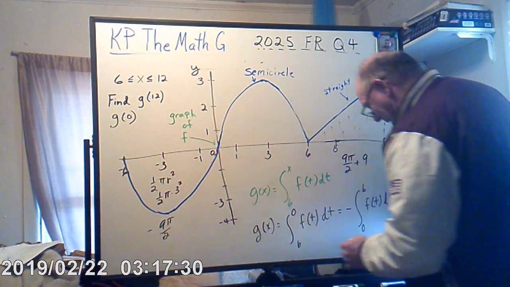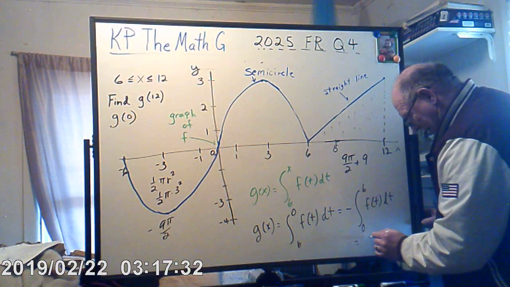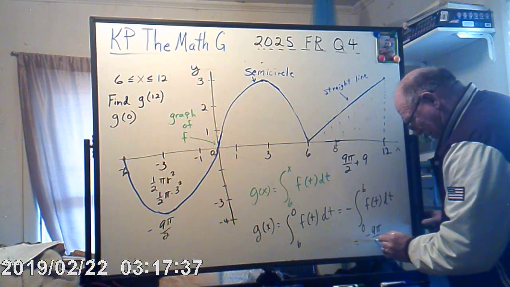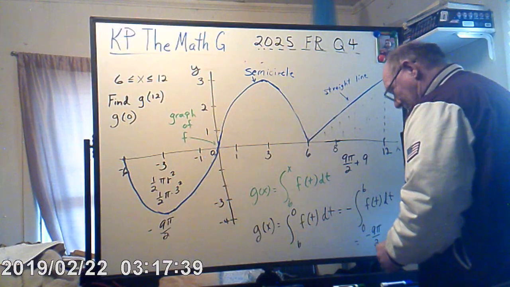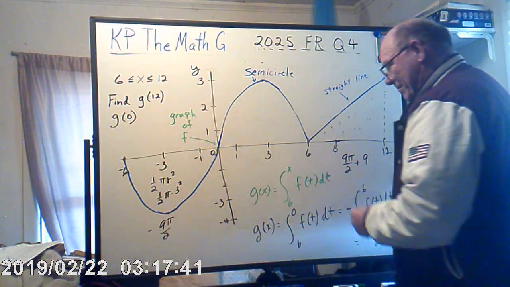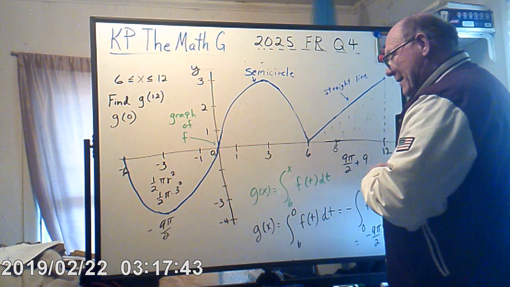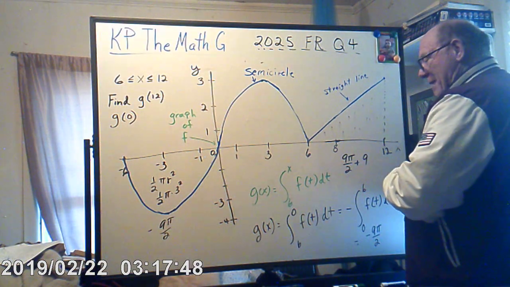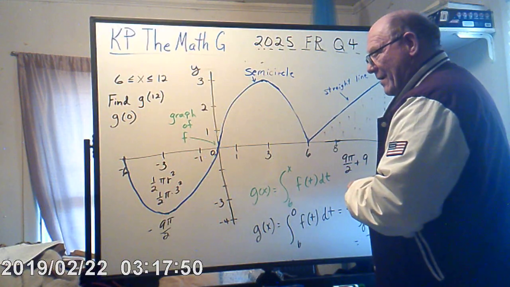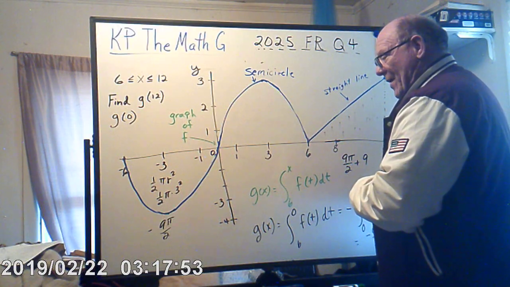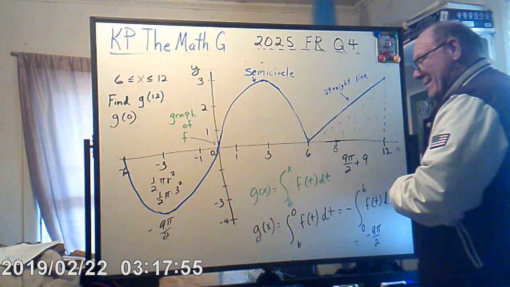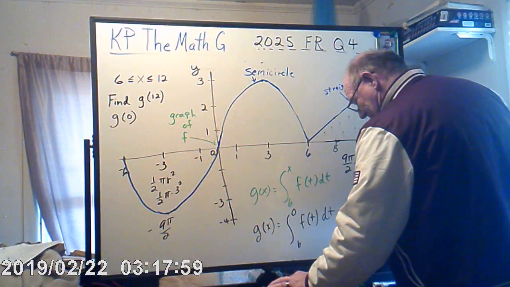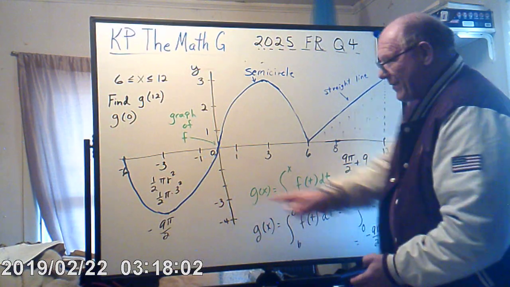So a negative 9 pi over 2 would be what you would get for that one. Okay, so just keep that in mind. That is a negative 9 pi over 2 right there. Alright, so that's what you have.